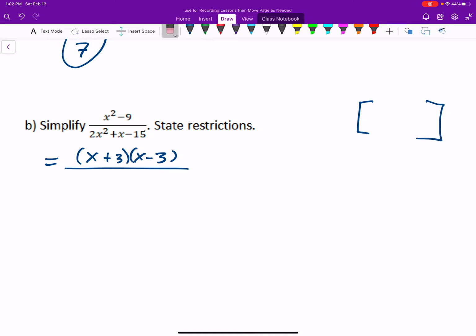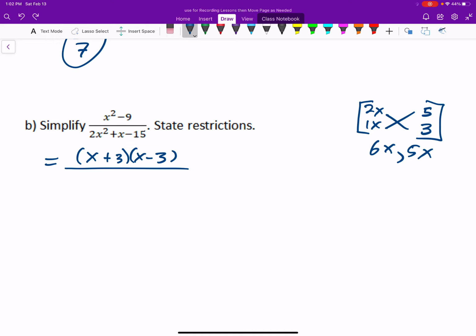So again, for the first term, the 2x squared, I'd have 2x and 1x. For the 15, I'll take a couple numbers that are close together, like 3 and 5. Just a little experience tells me that if I put the 5 first and then the 3, I think that's going to work best. So 2x times 3 gives me 6x, 1x times 5 gives me 5x. If I subtract them, I'll be able to get the 1x. It's the middle term here.